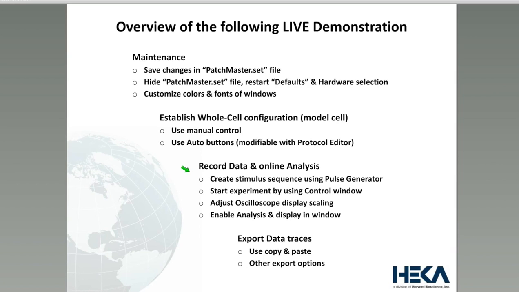We will create a stimulus sequence, we will do experiments, and we will also then display the data, which shows you basically how to adjust the oscilloscope and stuff. And the last point will be about exporting the data traces. And the easiest way, in my opinion, is to simply copy-paste them into any, for manuscripts or for PowerPoint presentations.